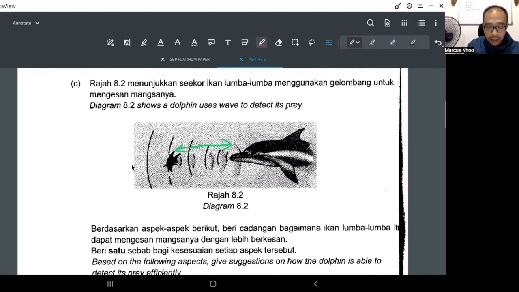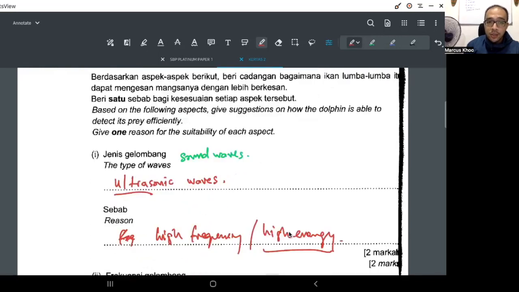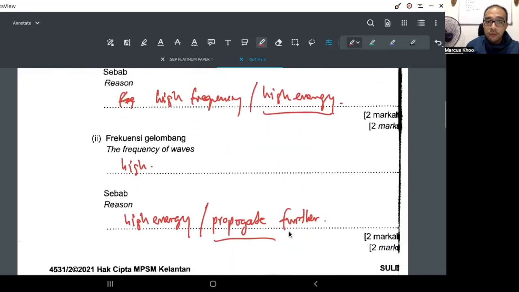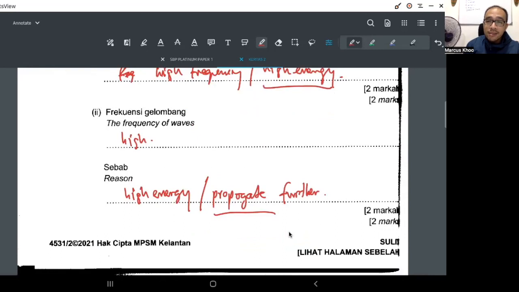Propagate faster, travel faster? No, I don't think it has anything to do with this. Faster is speed of waves, v equals f lambda. Wave speed actually is the same all the while.